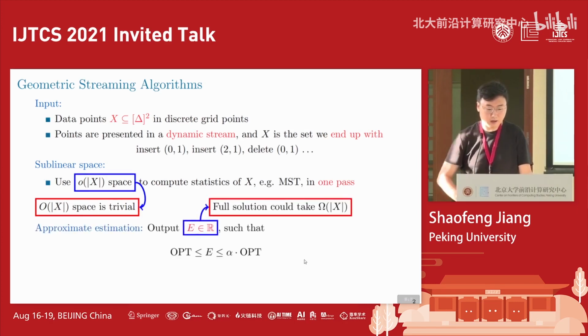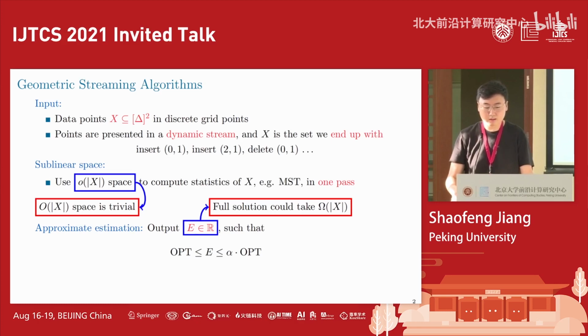So that's the algorithm. And at least for this talk, we want an estimation for the statistic that you want, which is only a real number, the value of the solution. We say the estimation E is alpha-approximate if it is at least the optimal and at most alpha times the optimal. Here we consider a minimization problem.